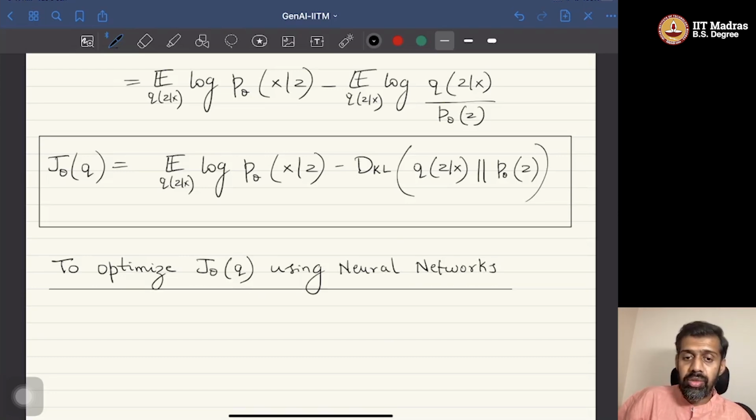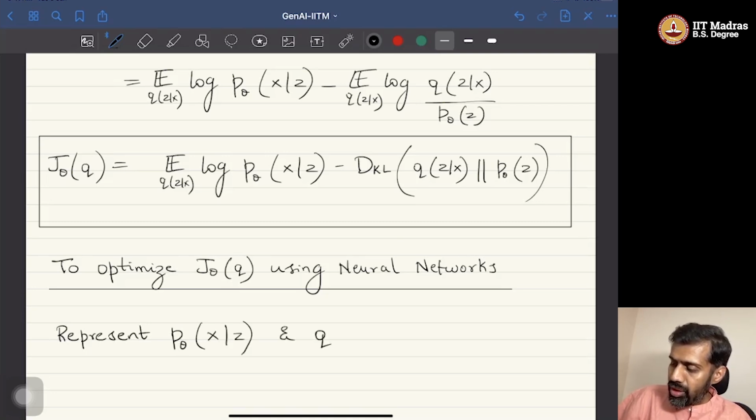That means that we'll be using neural networks to approximate distributions here. So basically the idea is to represent the distributions that we have, p theta of x given z and q of z given x, via neural networks.